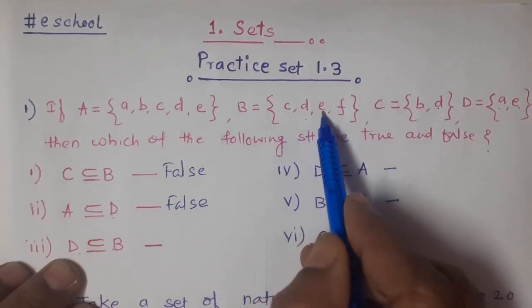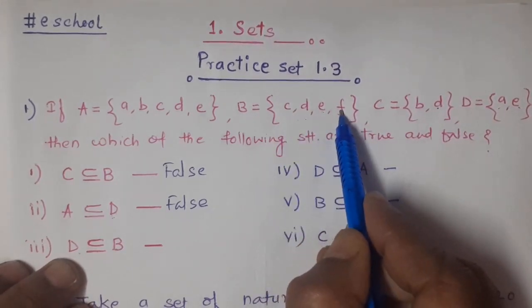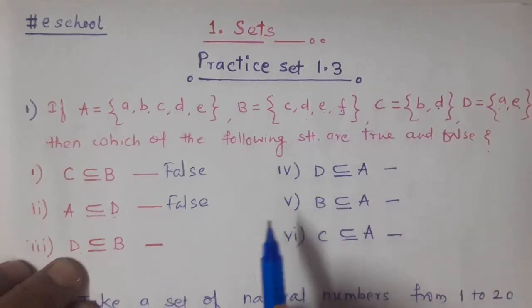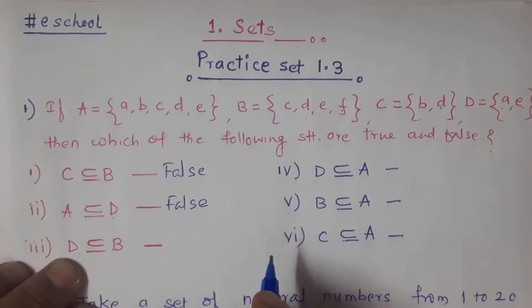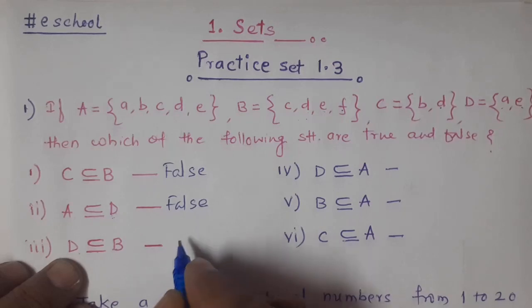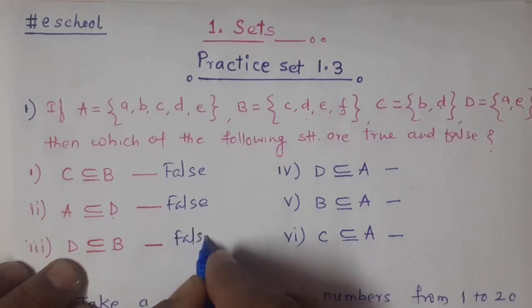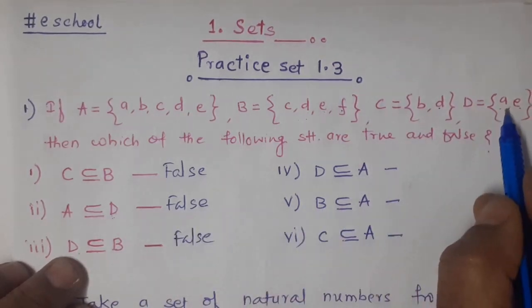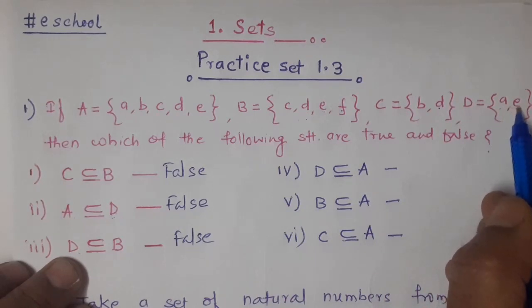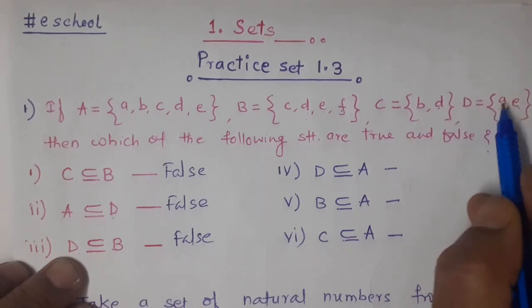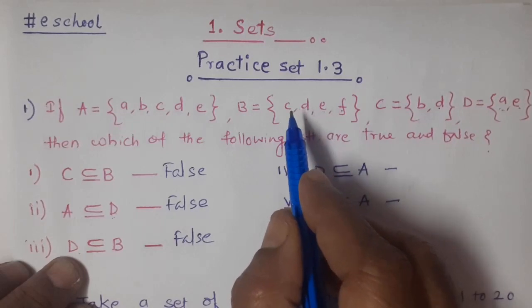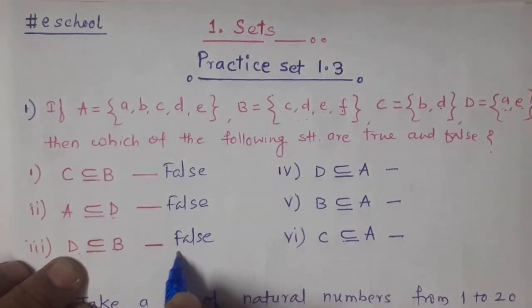C, D, E, F. Then we can say that it is also false, because the elements A and E of set D are not in set B. So it is also false.